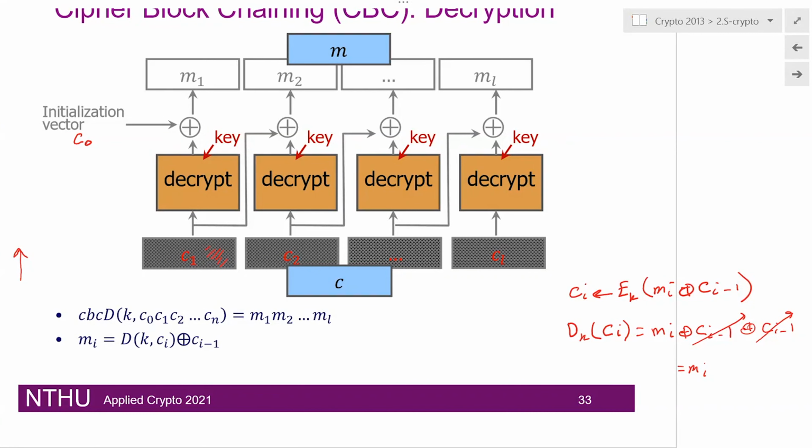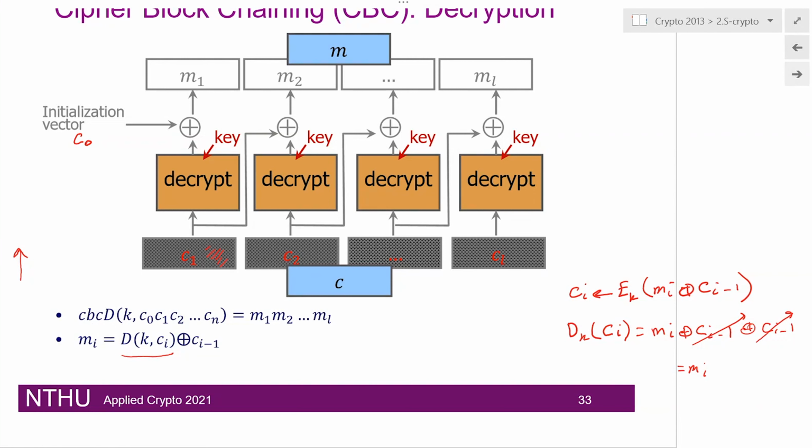So the result is what we would have been expecting. In short, every time we recover the message Mi, we decrypt the corresponding ciphertext and then XOR it with the ciphertext from the previous block, and that is enough for us to get our message.